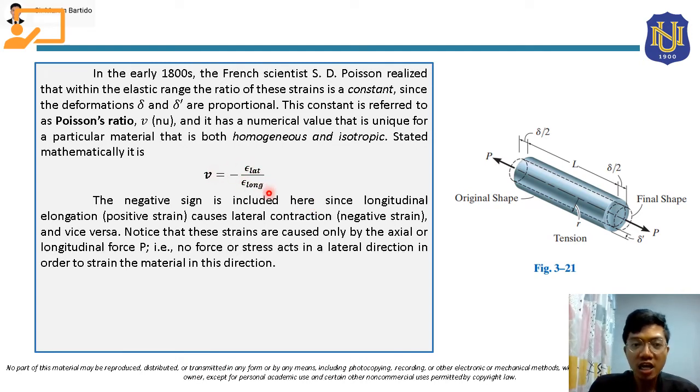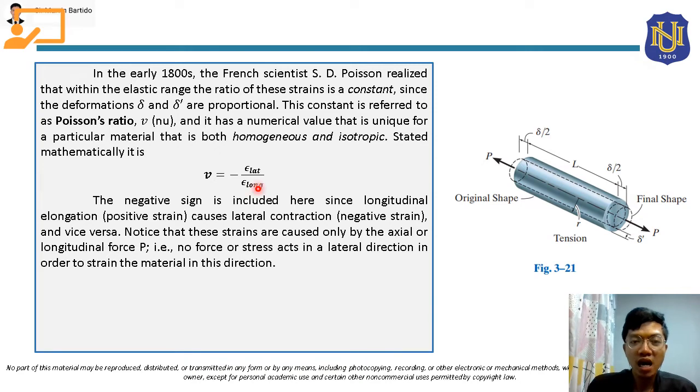If the strain in the longitudinal direction is elongation, that will be positive, and automatically the strain in the lateral direction will be contraction. It will decrease, so we indicate a negative sign for a decrease in length or cross-sectional area, for a strain that is in contraction.